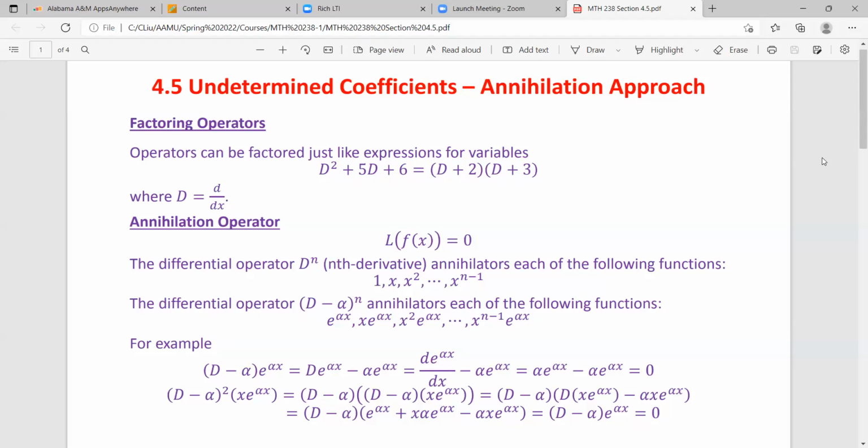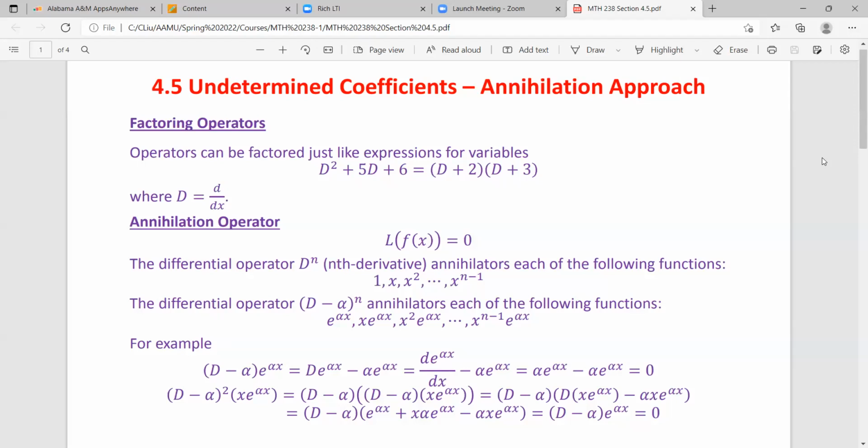So now we use the product rule here. We need to take the derivative of x times e to the alpha x. The derivative of x is just 1, so the first term is just 1 times e to the alpha x, or just e to the alpha x. And then we add x times the derivative of e to the alpha x, and we know the derivative of e to the alpha x is just alpha times e to the alpha x, as we already did.